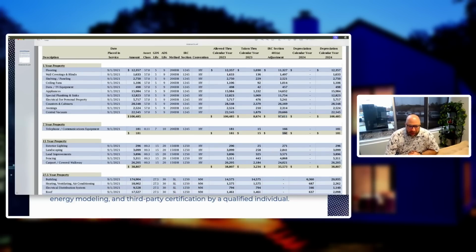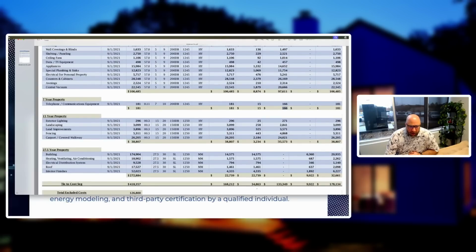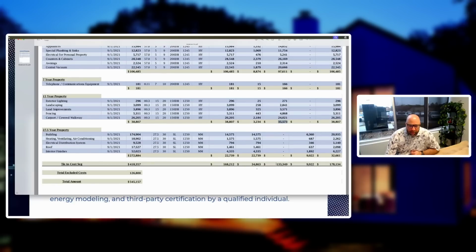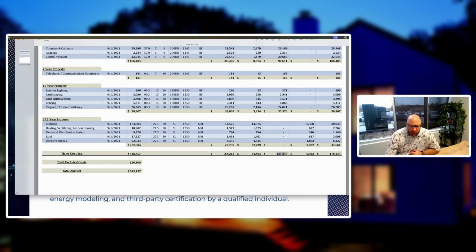On our 15-year assets, we were able to catch up 35,000. Our total catch-up amount down here at the bottom, or that 481(a) adjustment, was 133,000.